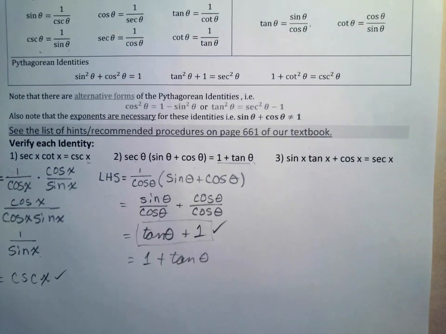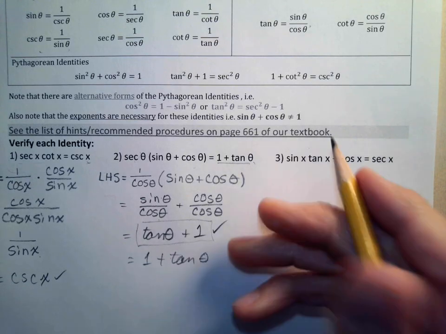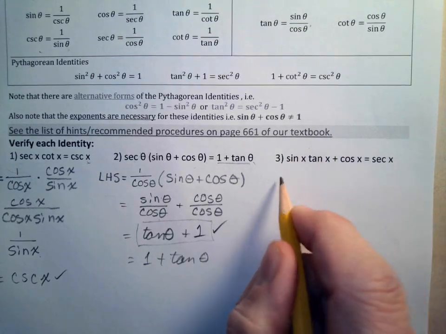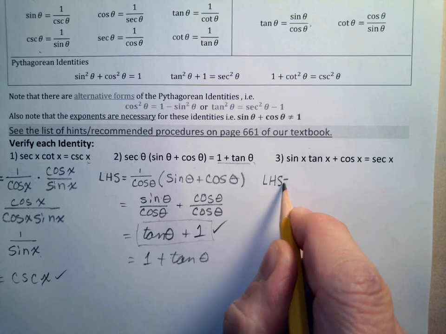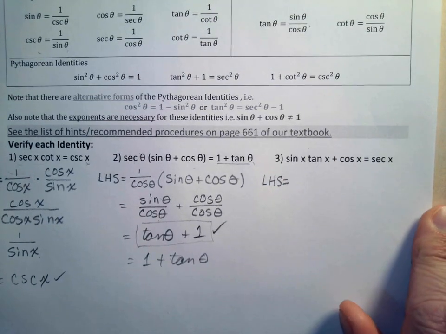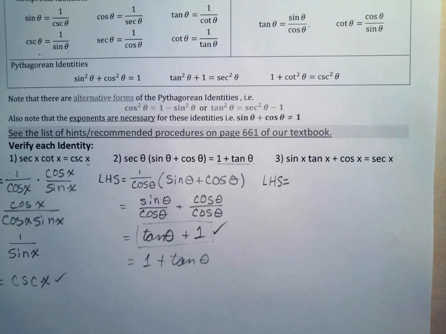All right, number 3. So clearly there's one side that's more complicated. That's the left-hand side. So we're going to start with the left-hand side again. And then think about what you might want to do.